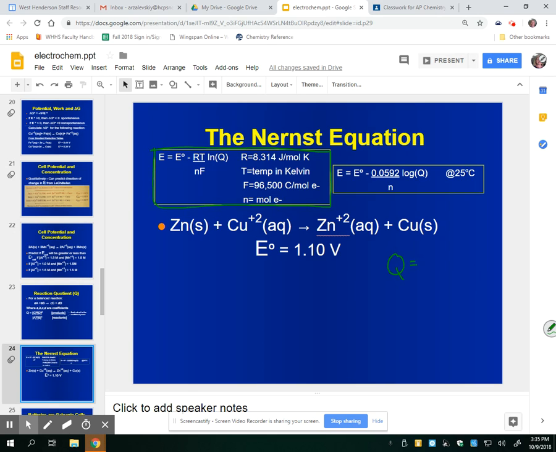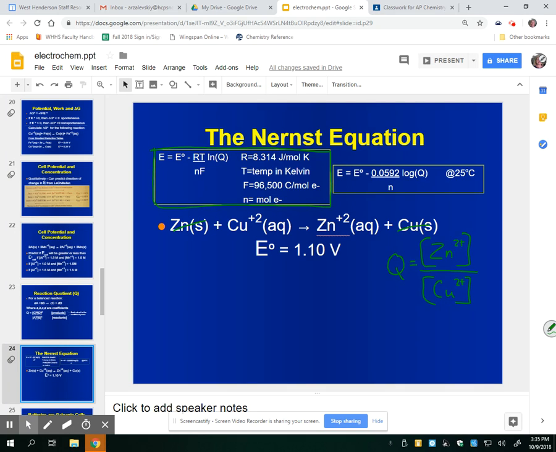This is done the exact same way that we would do equilibrium, so we leave out pure solids and pure liquids. What this is going to look like is my product, zinc ion concentration, over my copper ion concentration. And if there were coefficients in front of these, we would have them to that power.